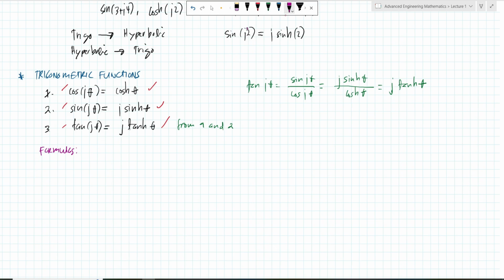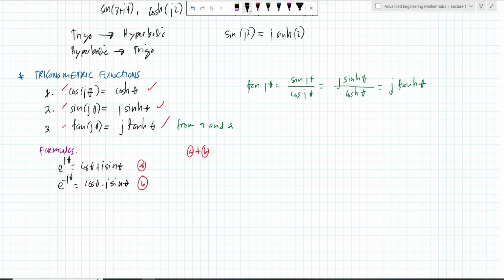I'll start with the trigo, exponential to trigo. We have e raised to j theta equal to cosine theta plus j sine theta, and the other one, when negative, is cosine theta minus j sine theta. Let's say this is equation A and this is equation B. What will happen if you add equation A and equation B?